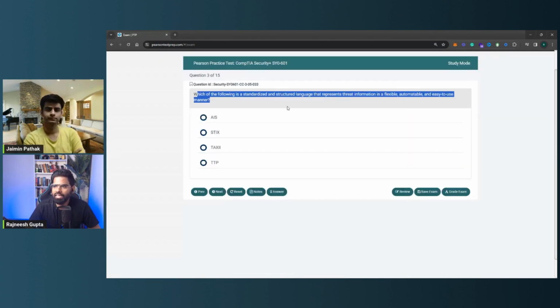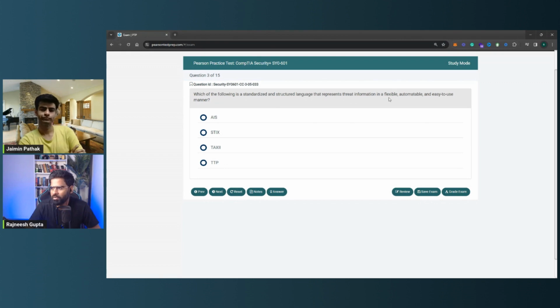Which of the following is a standardized and structured language that represents threat information in a flexible, automatable, and easy to use manner? STIX should be the right answer because this provides threat intelligence information in a standard format. TAXII is the medium which is used.